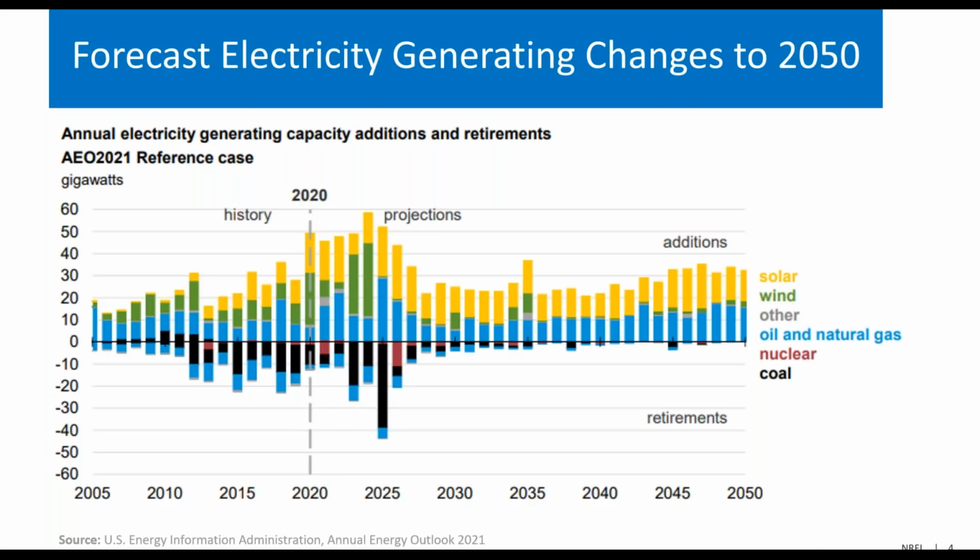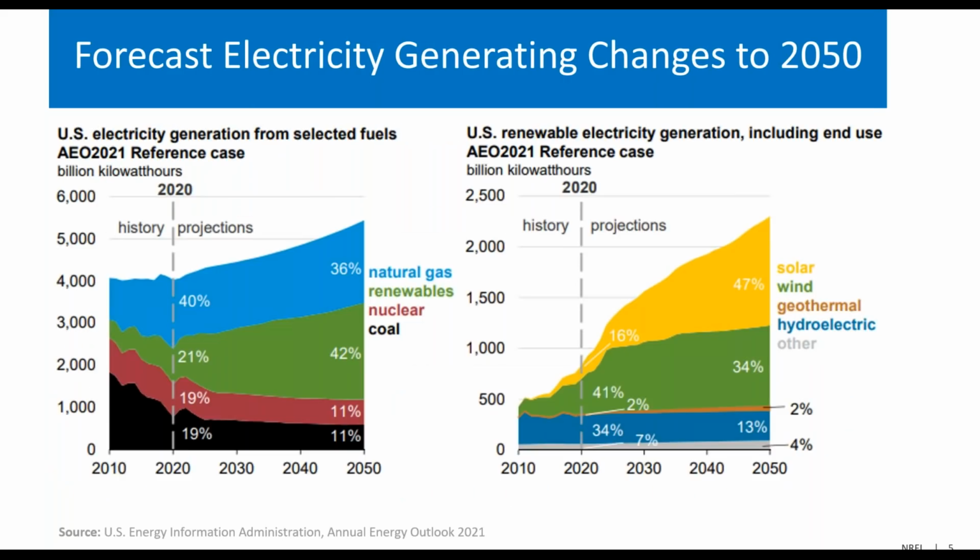Slide 5, Sam. So this slide basically just gives a little bit more granularity to the previous slide and shows the growth of natural gas and renewables over the next 3 decades, and also shows specifically how renewable electricity generation is expected to grow.